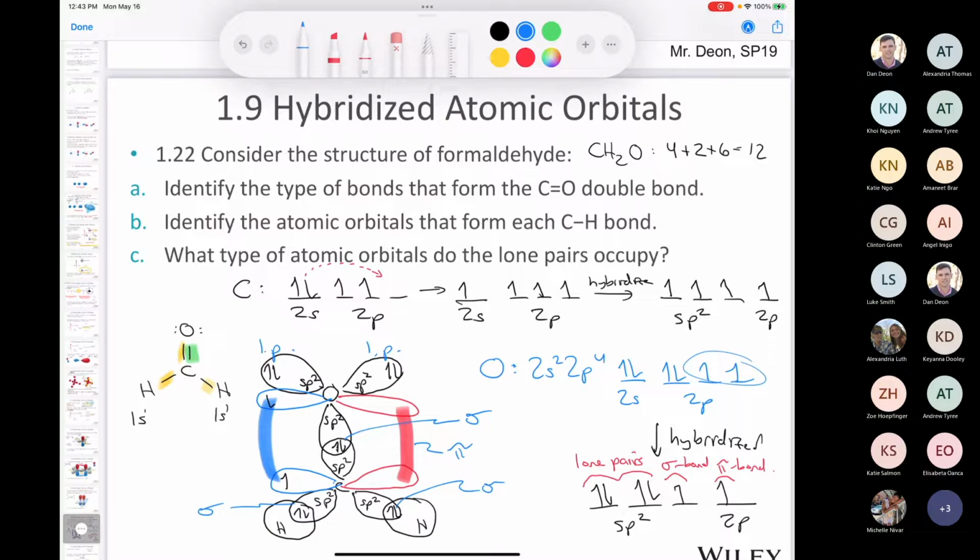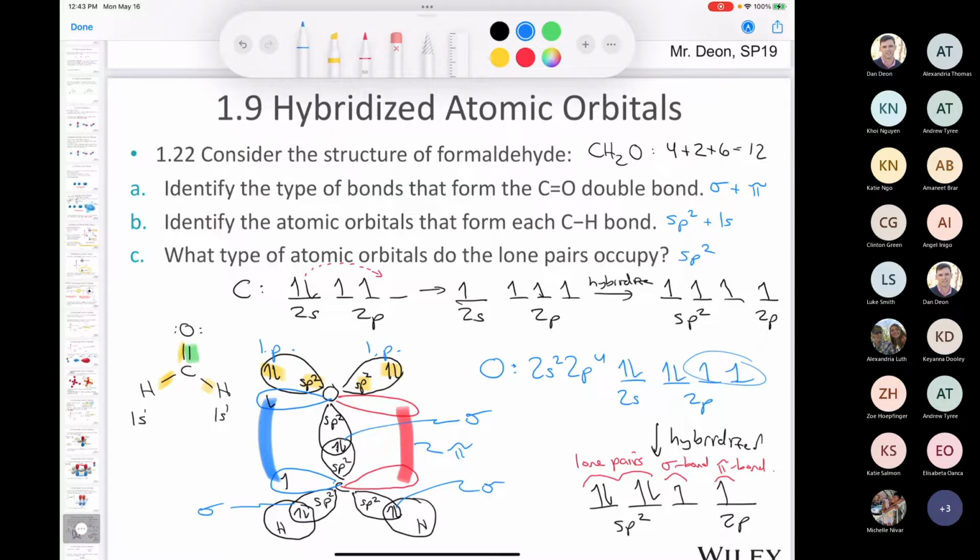And so the types of bonds that form the carbon-oxygen double bond are a sigma and a pi. The atomic orbitals that have formed each carbon-hydrogen bond are the sp2 from the carbon and a 1s from the hydrogen. And what type of atomic orbitals are the lone pairs in? You can see that each lone pair is in an sp2 hybridized orbital, and so we'll put sp2 for each of those. And there we go, a little bit about hybridization.